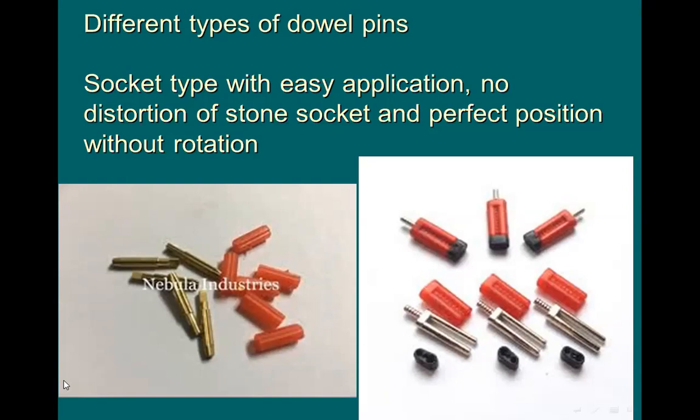The socket may be single, like the left picture, or it may be double, to make sure that the dowel pin, which has the double pins, prevents rotation and ensures a good and perfect seating of the die in the cast.